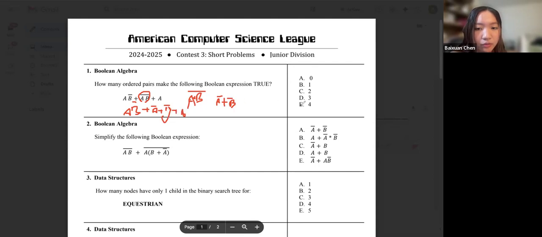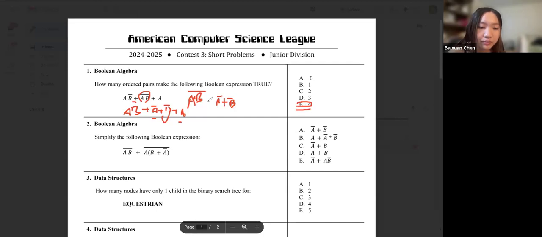This is four expressions. And why do I know this? Because not A and A, like we said before, always evaluate to true, because one of them will always be one and one of them will always be zero. So together they'll be one no matter what, which is equivalent to true. So then every single Boolean pair makes this true.